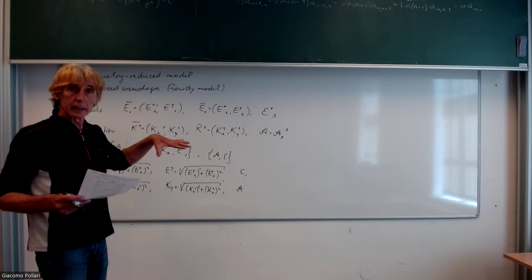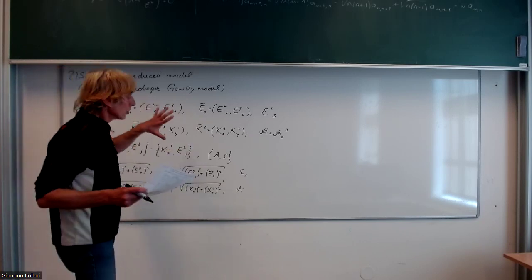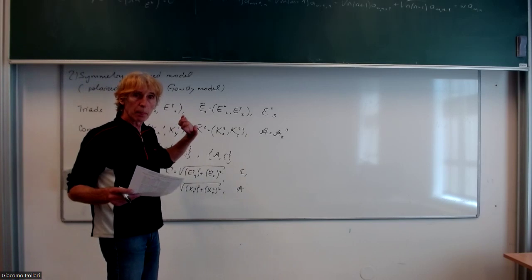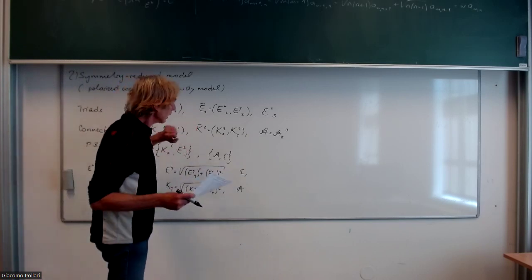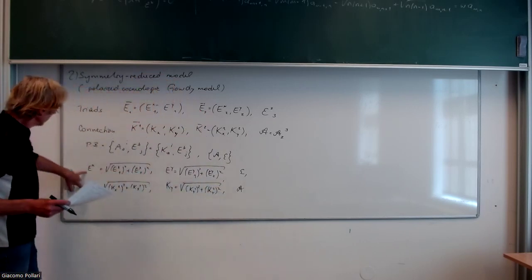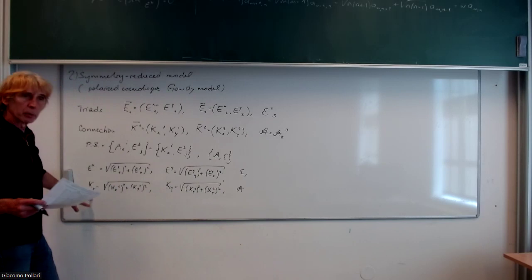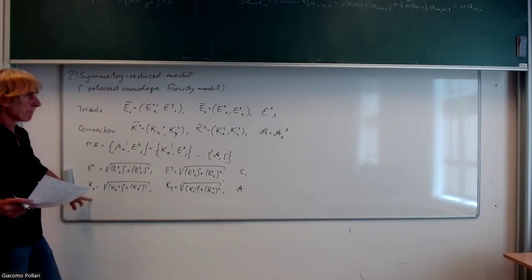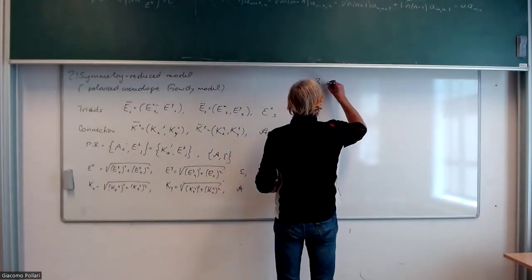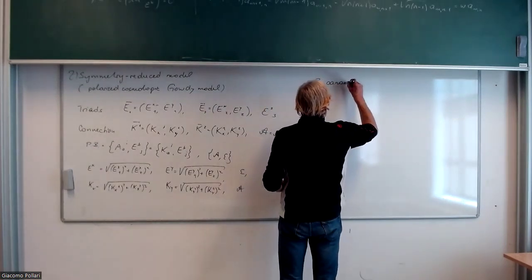This is already fixed by imposing the Gauss constraint. It doesn't appear here anymore. It fixes the rotation so that we are left with these radial variables. So we have the 3 canonical degrees of freedom.